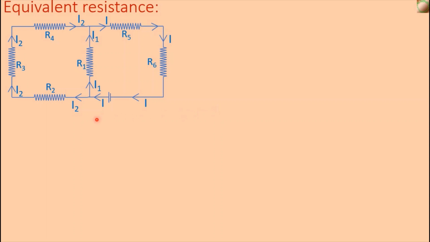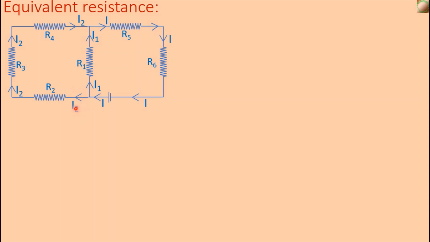That is, the main current of this circuit is I, and here at this point current I is split into two parts. One part is I1 in this direction and another part is I2 in this direction. As the current I is split into two parts, these two branches are connected in parallel.